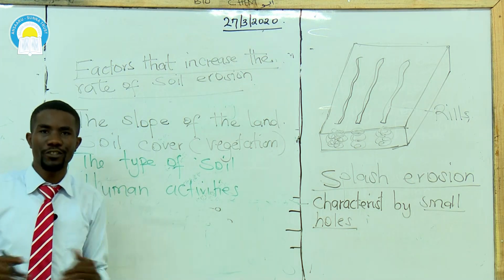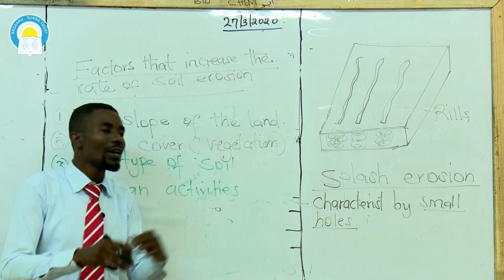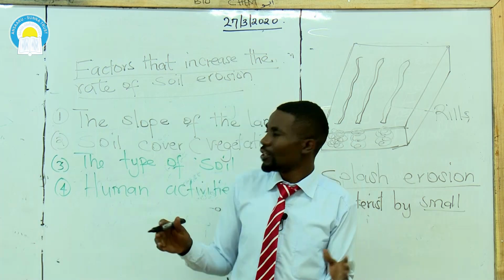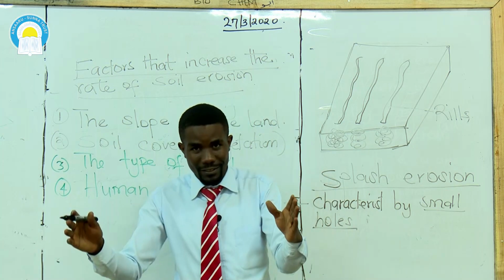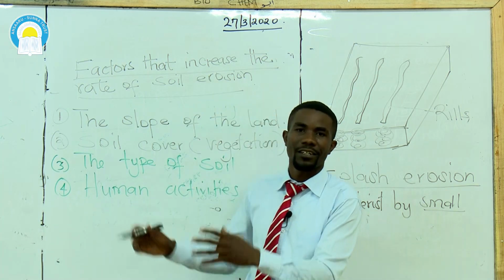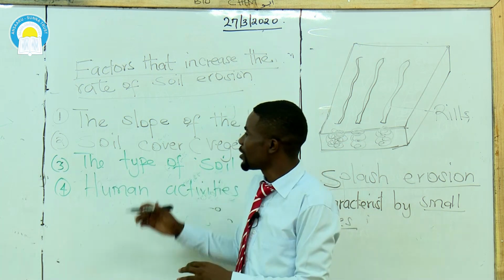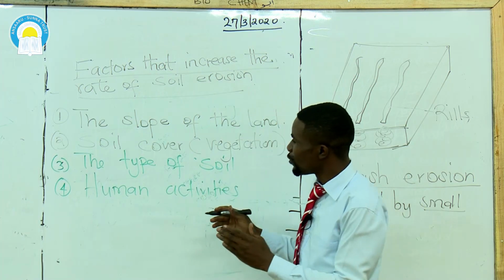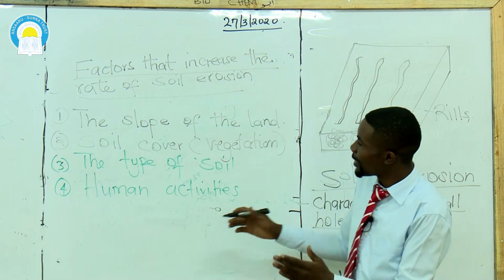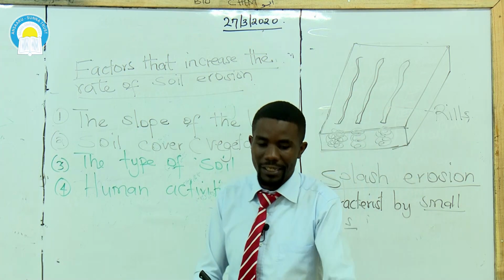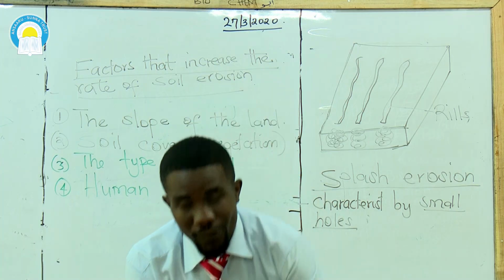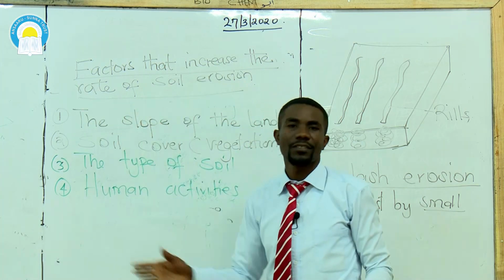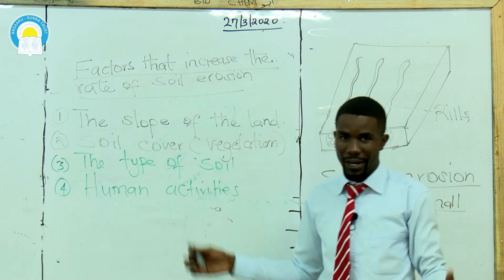Because we need to be responsible. We were created by Allah to take care of the world and to take care of the creation. And trees are also part of the creation. So what do you think you do that will increase the rate of soil erosion in our environment?